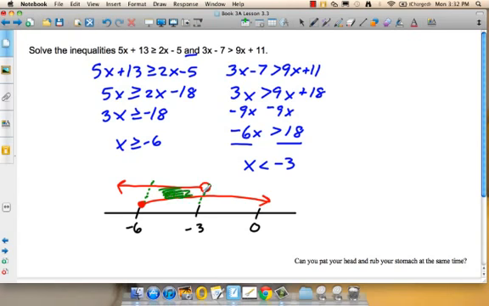So what I'm going to say in my solution is that x is greater than or equal to negative 6, but it is also less than negative 3. So definitely drawing things out on a number line helps you to figure out a solution.